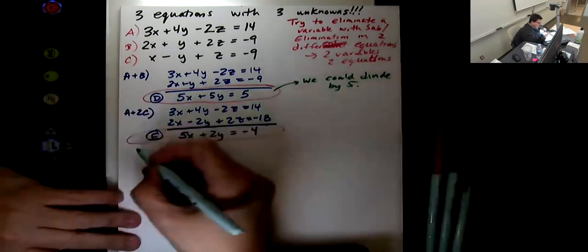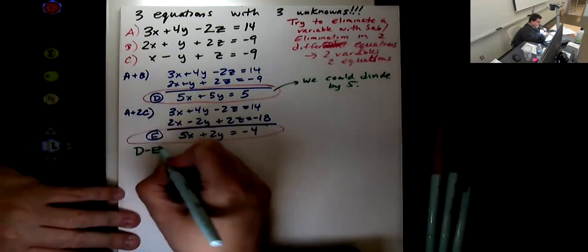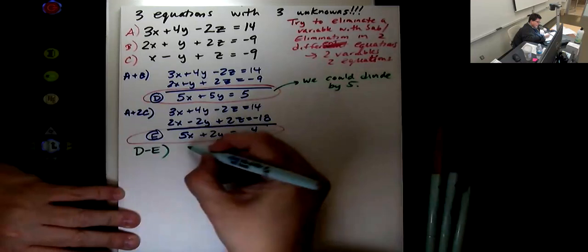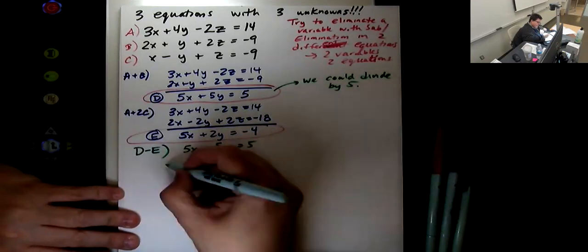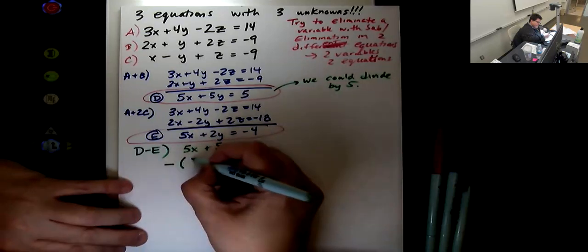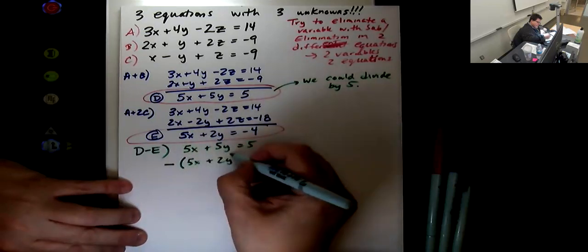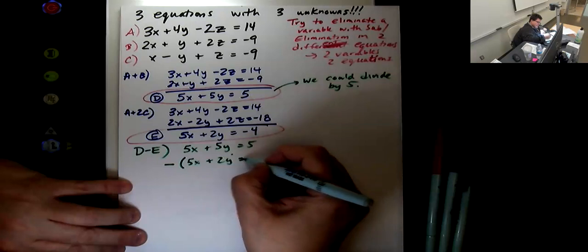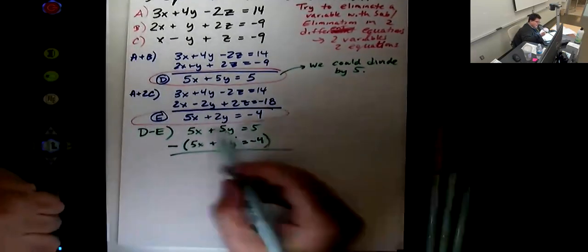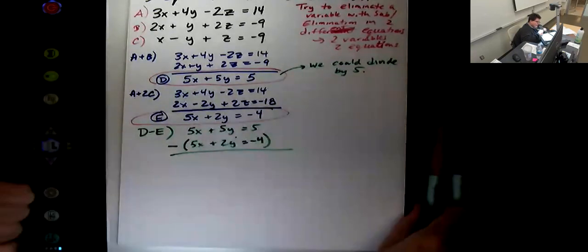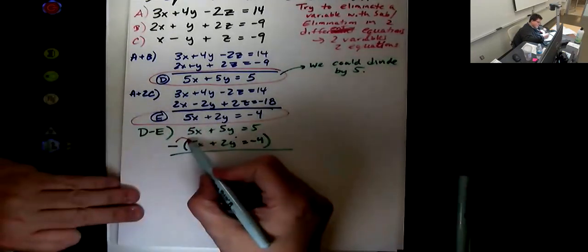So if I just do something like D minus E, make sure the subtraction hits both.